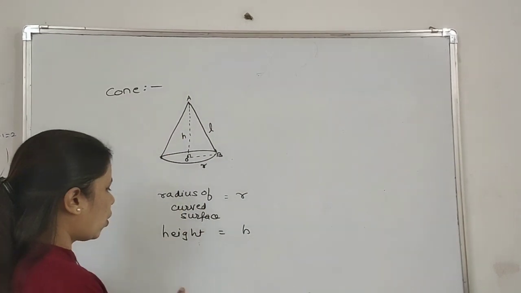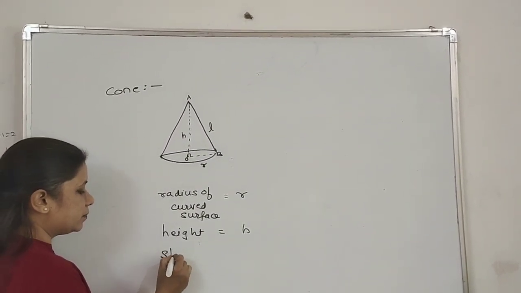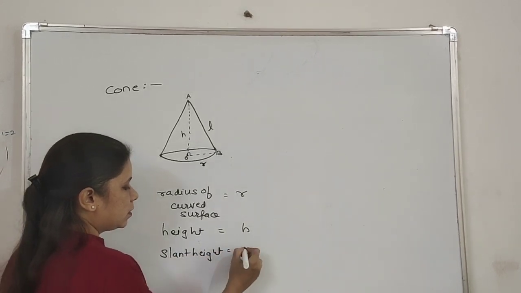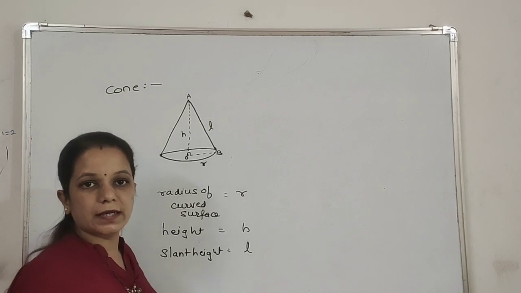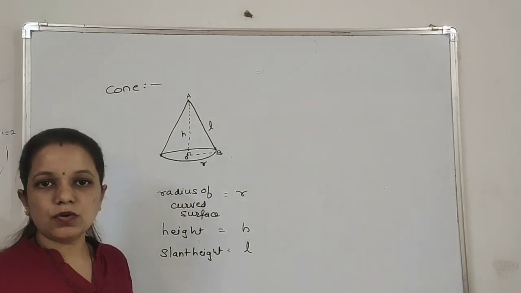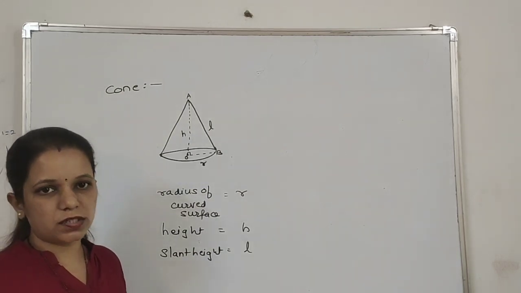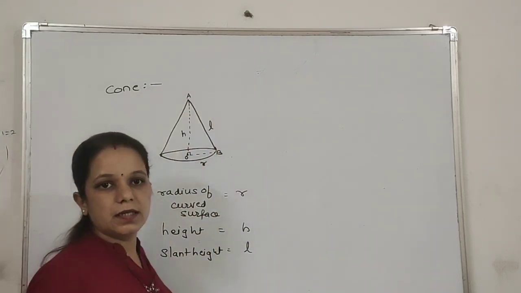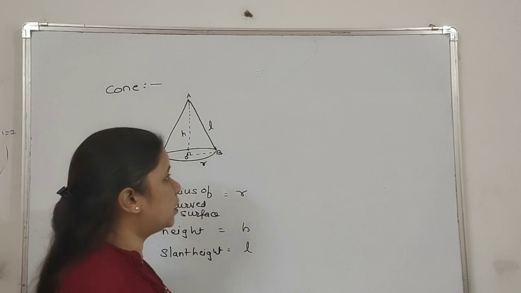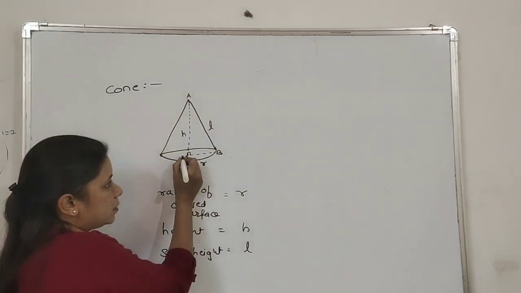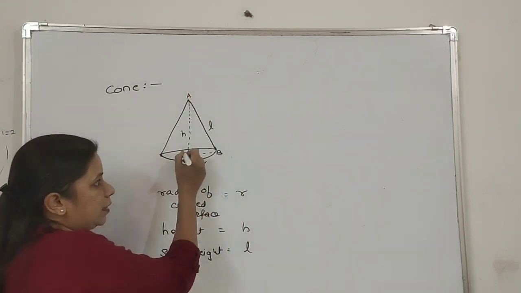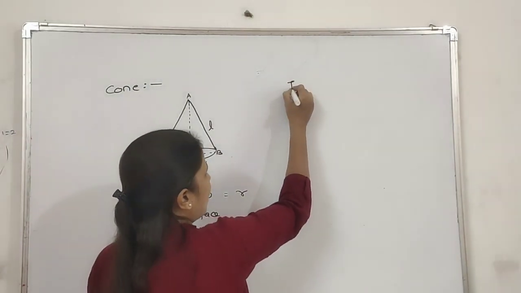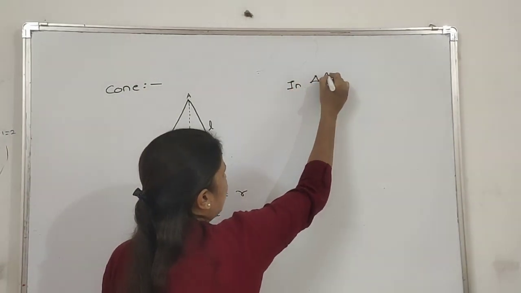AB is called slant height. And that is denoted by the letter L. So what will be the formula for slant height? See here, AOB is a right angle triangle because this is the height, this is the radius. Height is perpendicular to the radius. So in triangle AOB.